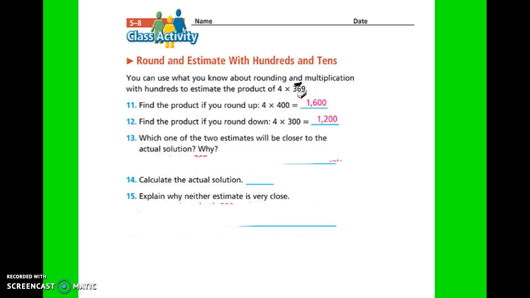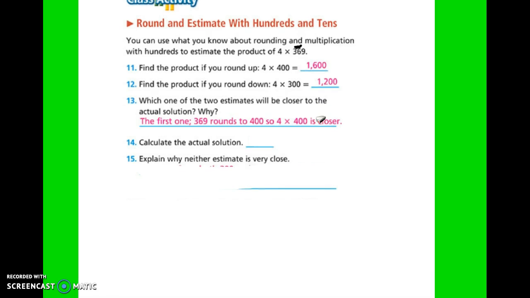So in this case, we were almost at 370, so this was about 30 away when I went to 400. But when I went to 300, I was about 70 away. So the one that would have been the closest for me was the 400, because it's the closest number to that solution.